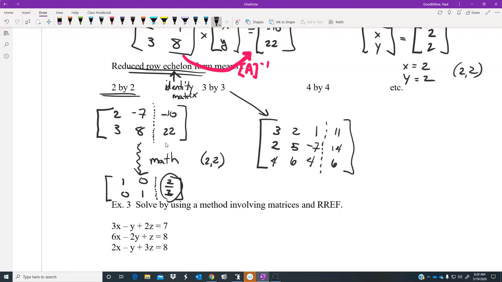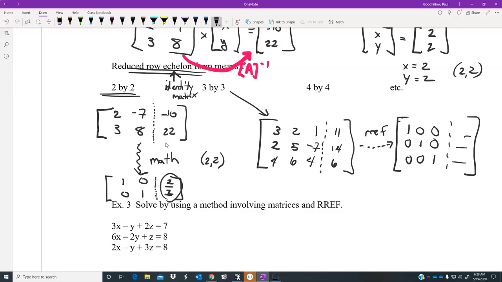Now, your goal would be based on row reduced echelon, or RREF is what we call it, row reduced echelon form. Your goal would be to make a matrix that would end up having the identity matrix on one side, and then over here on the far side, it would generate the answers for coming up with that.